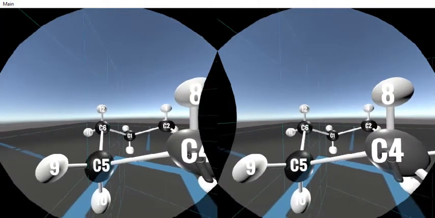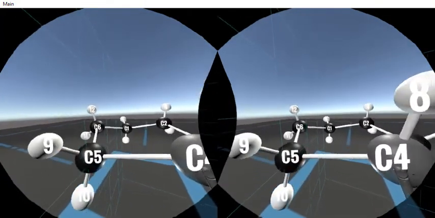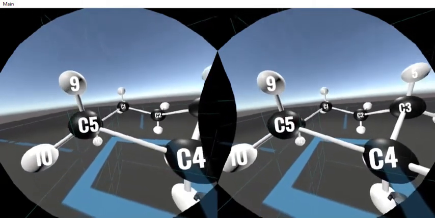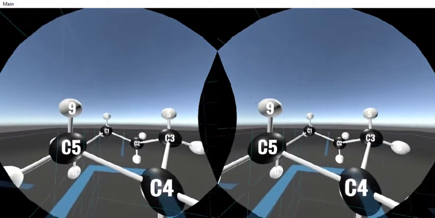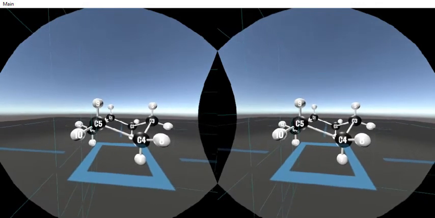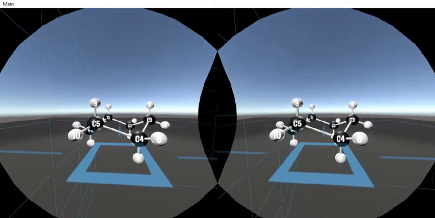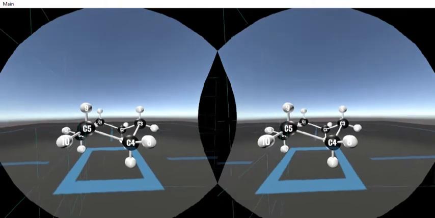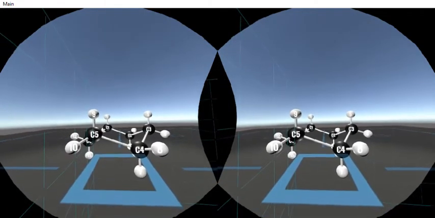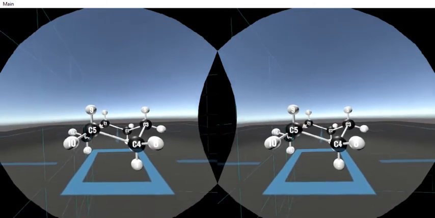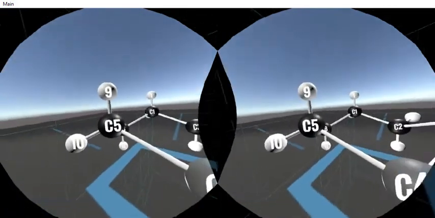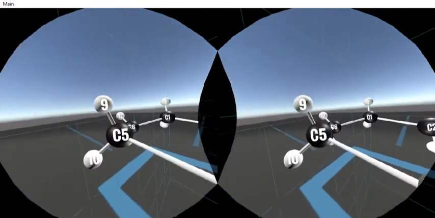So for carbons 9 and 10, how did they end up? They started with 9 axial, 10 equatorial, and at the end of the ring flip, we'll do this one more time. 9 is axial, 10 is equatorial.